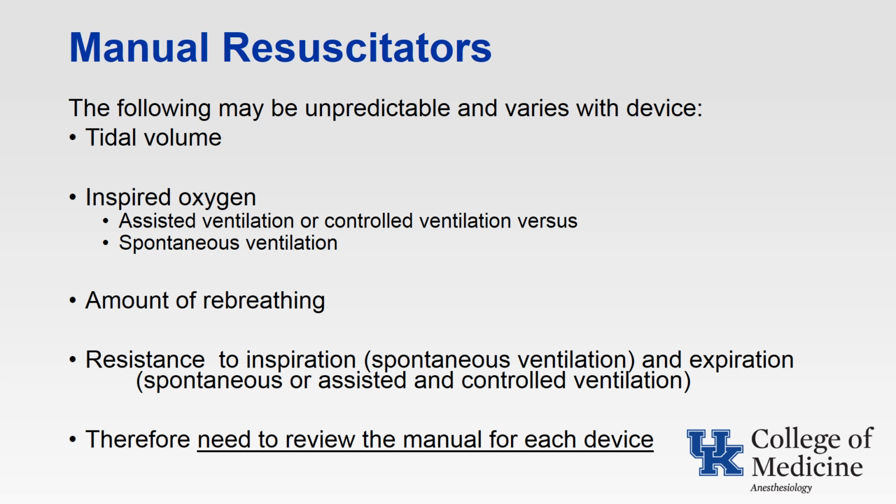Unfortunately, they may be unpredictable and variable in terms of tidal volume delivered, oxygen concentration delivered, the amount of rebreathing, and the resistance to inspiration, both during spontaneous breathing and during expiration. Therefore, it's important for you to review the manual for each device.